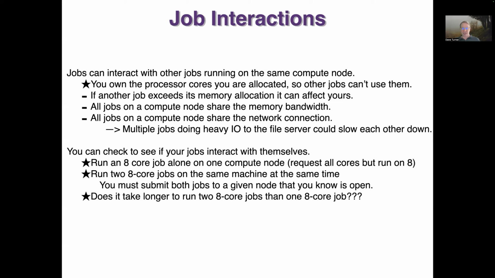But again, someone can hit the entire file server hard enough that it can slow things down. But then Nathan, as our HPC system administrator, monitors that, and he would typically limit the number of jobs that another user could run at the same time, just to make sure that this doesn't happen.